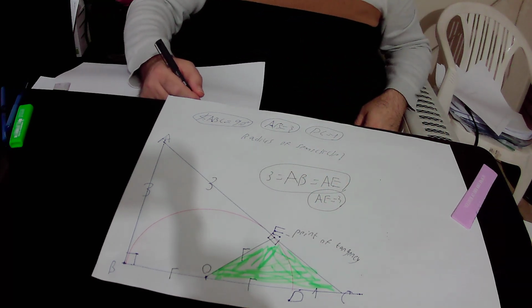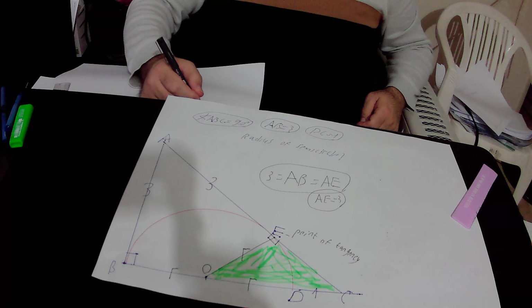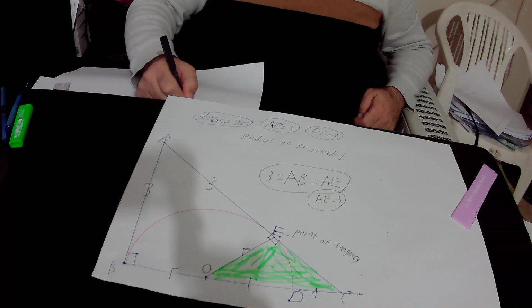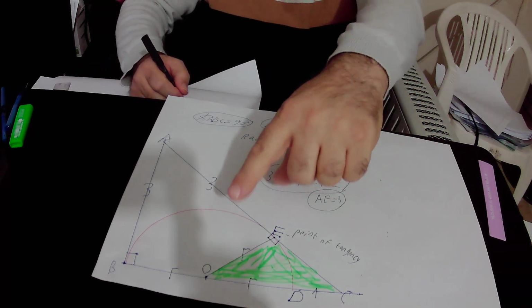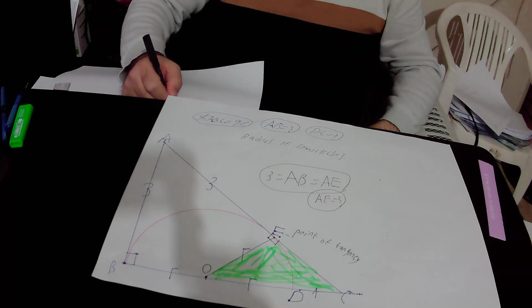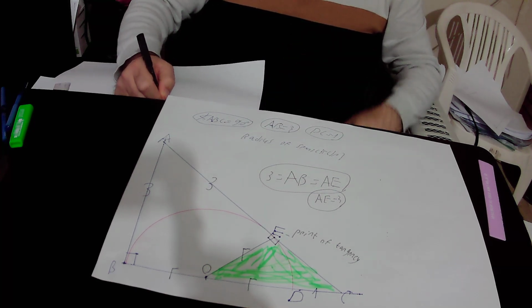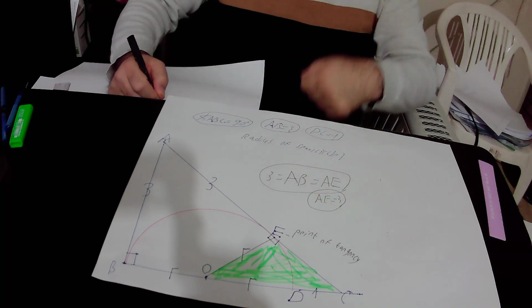So, according to the Pythagoras theorem, the square of the hypotenuse, that is to say OC square, equals the sum of the squares of the perpendiculars, equals OE square plus EC square.